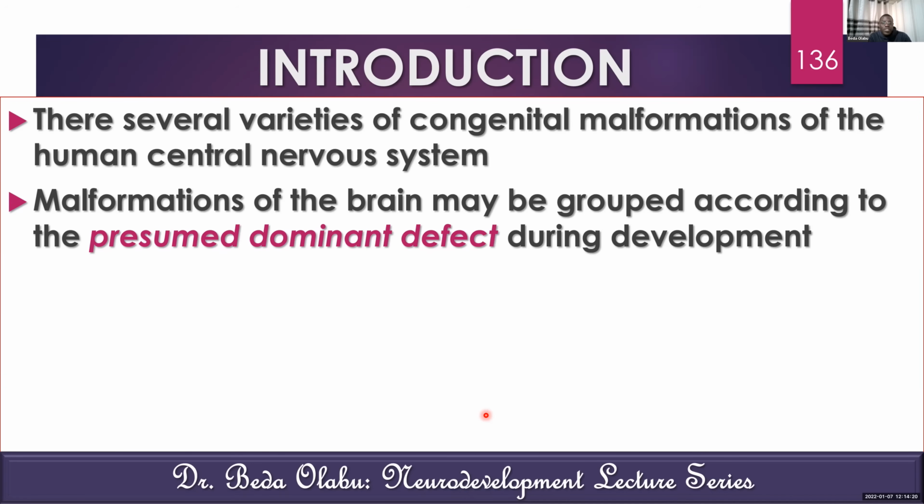However, one of the classifications is based on the presumed dominant defect. And I'm using these words intentionally. Presumed here would mean that perhaps it is not even confirmed that this is the actual dominant defect. Just presume that this is the main thing.